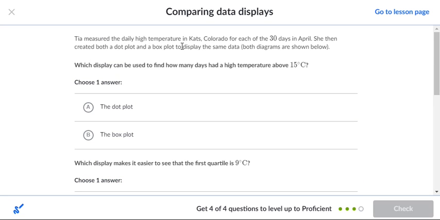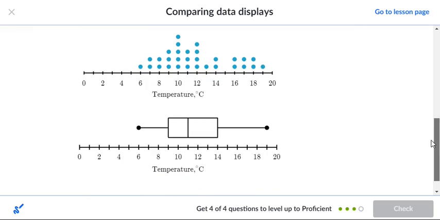Ty measured the daily high temperature in Katz, Colorado for each of the 30 days in April. She then created both a dot plot and a box plot to display the same data. Both diagrams are shown below. Which display can be used to find how many days had a high temperature above 15 degrees Celsius?